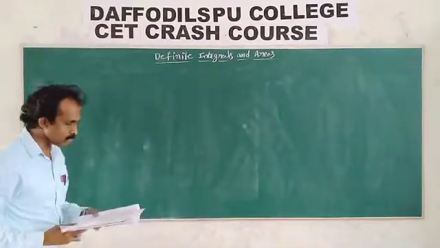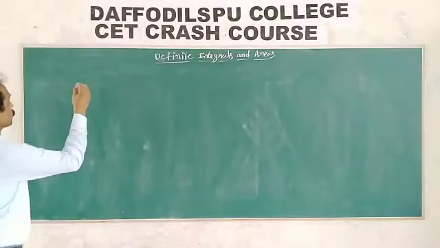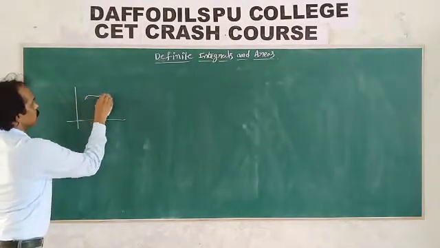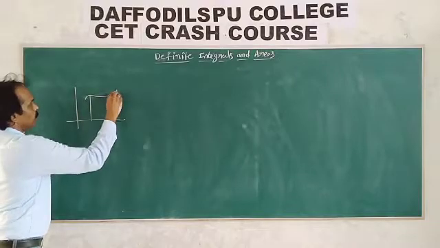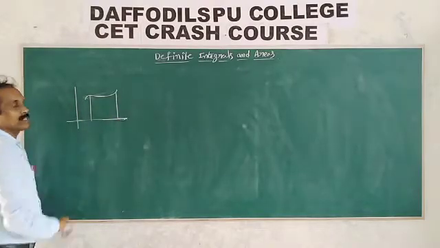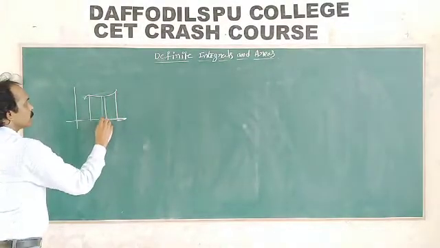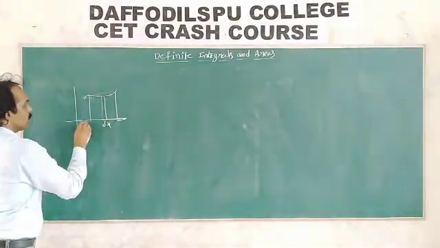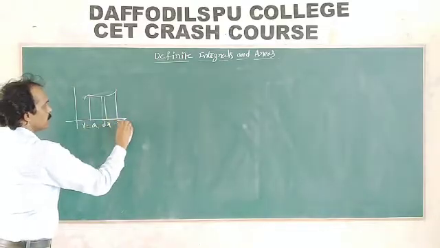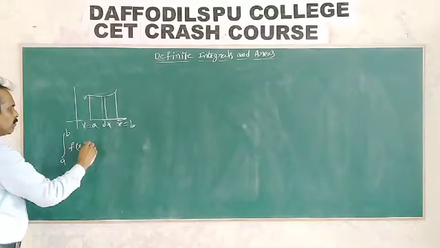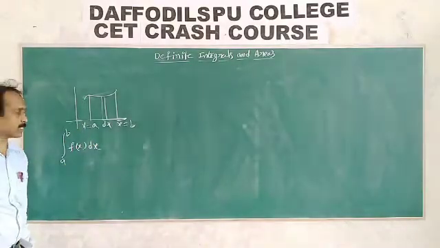Now, the areas concept has just two types. This is the f of x function, the integral dx, from x is equal to a to x is equal to b. That is, the integral from a to b of f of x dx.